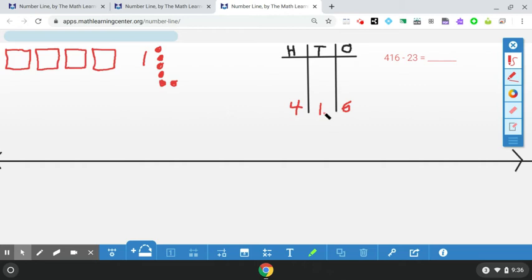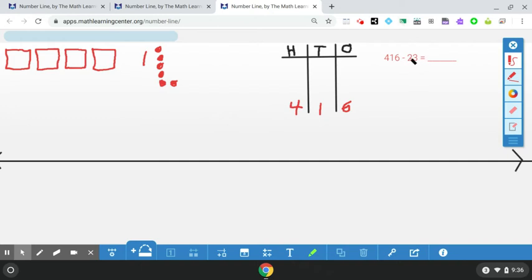Okay. So if we take a look here, and we're going to look at the base 10 blocks first, we're starting with 416, 400, 410, 415, 416. We're going to take away 23. So I know I need two tens. Oop, I don't have it.